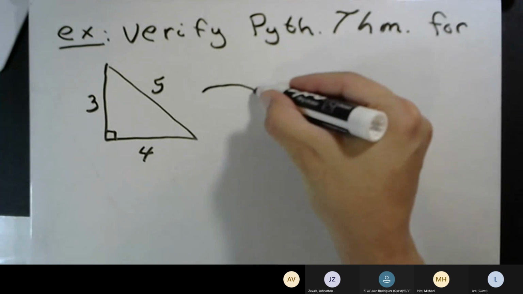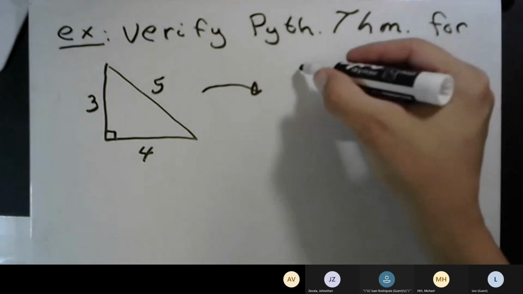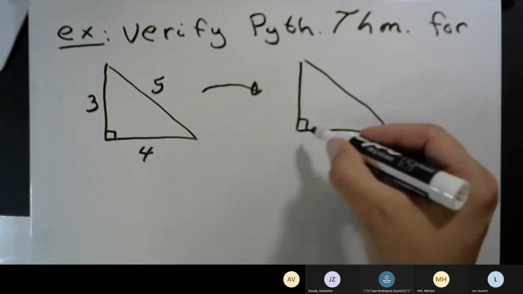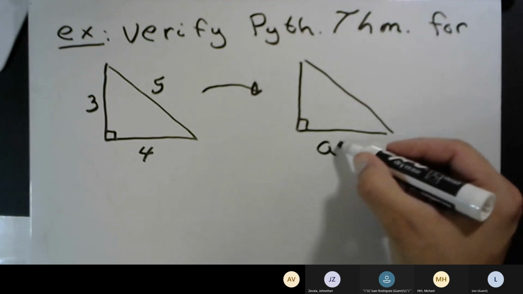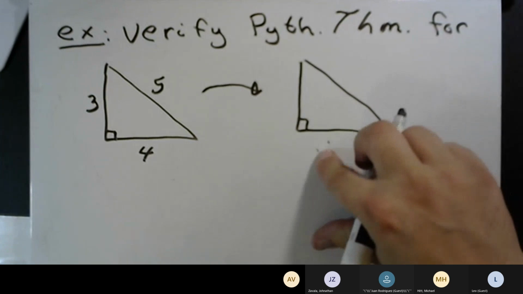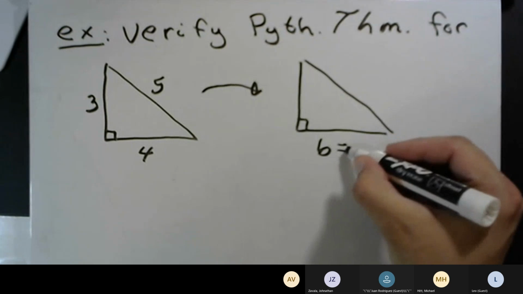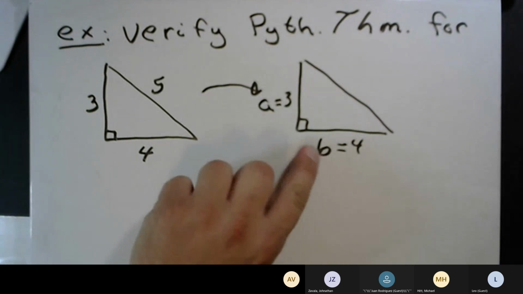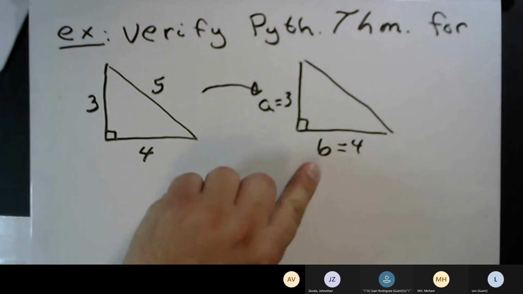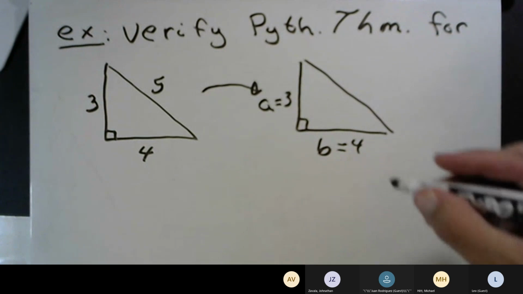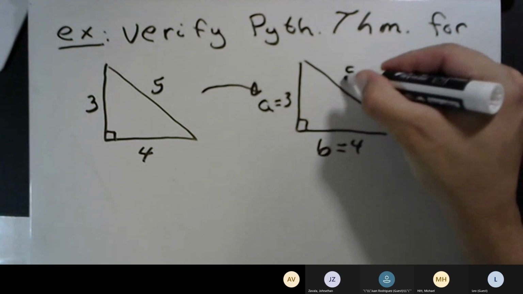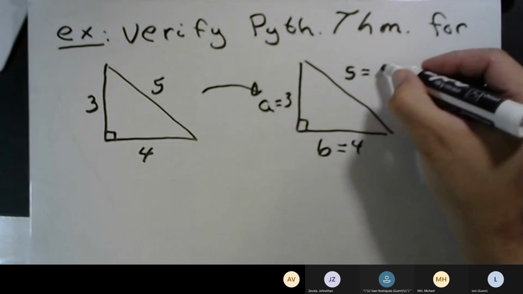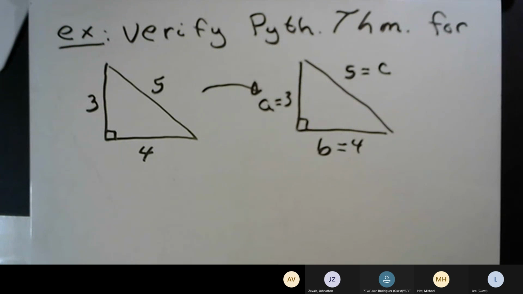Well, what we're going to do, let's label these. We'll call B 4. Call A is 3. And how we label A and B doesn't really matter. This could have been B, this could have been A. It's not going to make a difference. But this one, the side across from that 90-degree angle, this has to be C.